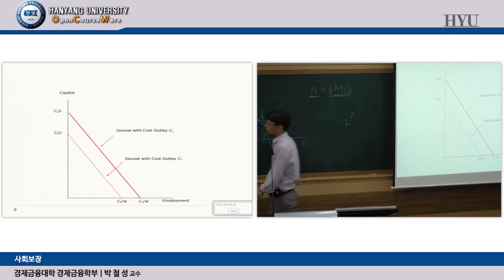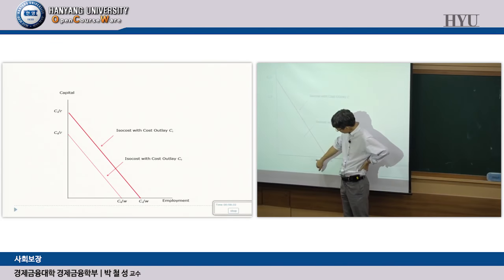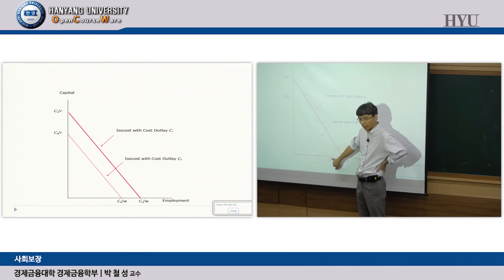Now think about it. How do you get the slope? Actually easy. If you have no capital input, let's say your cost is C0, then your labor input is going to be the total cost divided by the wage.